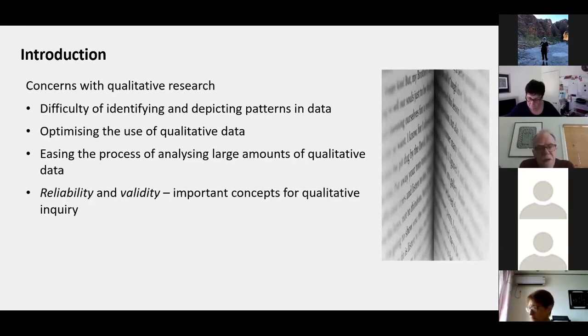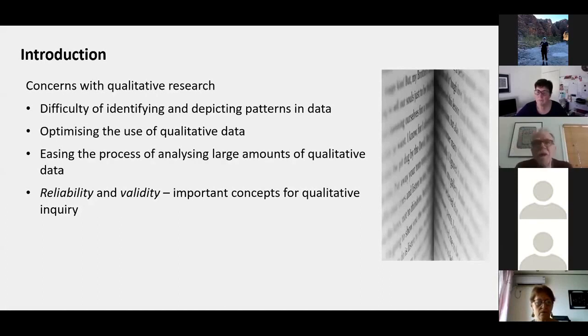I work with quantitative researchers, and often they say about qualitative research, oh, it's just a set of stories. What do the stories mean? And then I say to them, well, what do your numbers mean? But this raises questions about the reliability and validity of qualitative data. As an editor of a journal, I sometimes see articles, as a reviewer, where people just use quotes, but there's no basis for the degree to which those quotes are representative of the data body. Are they typical?